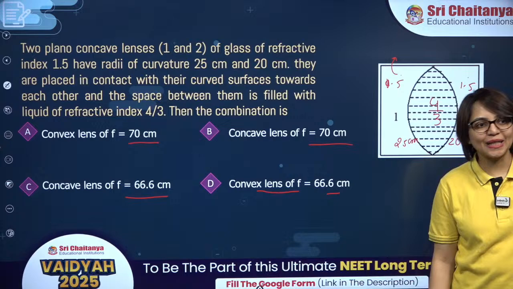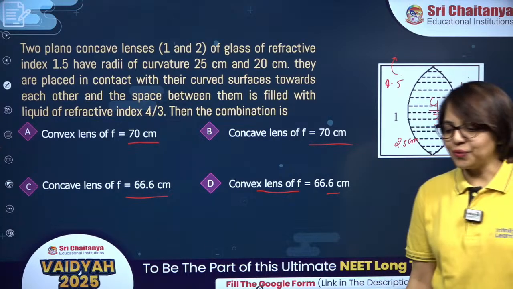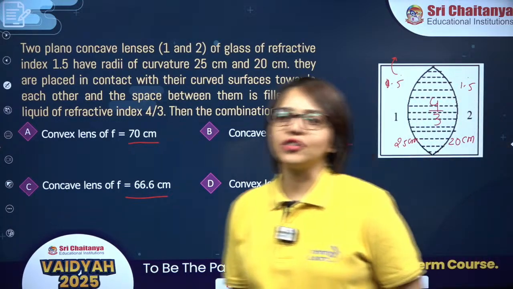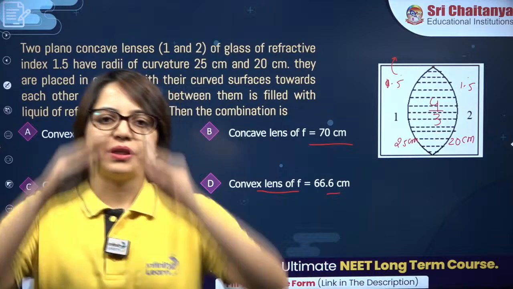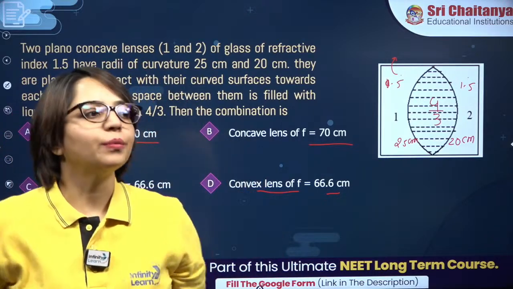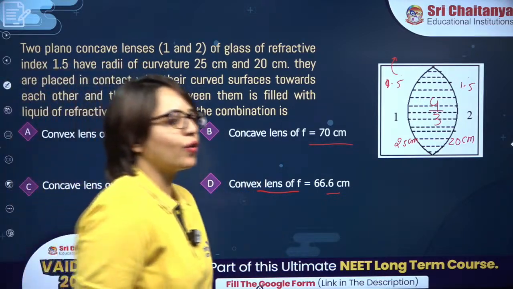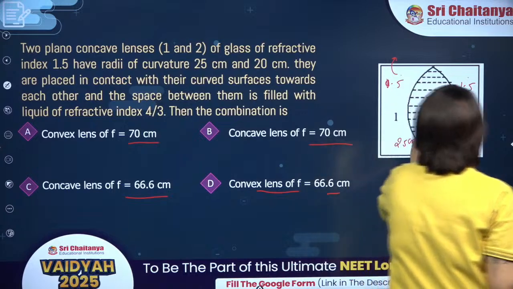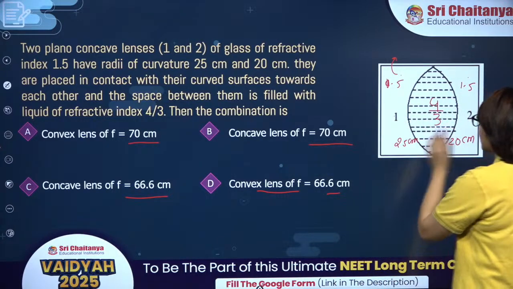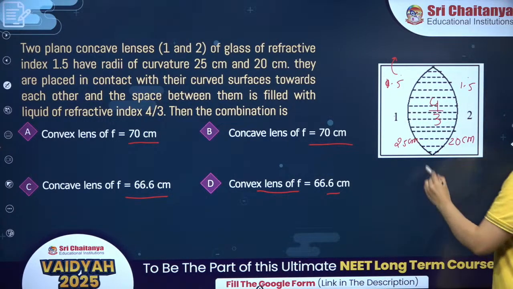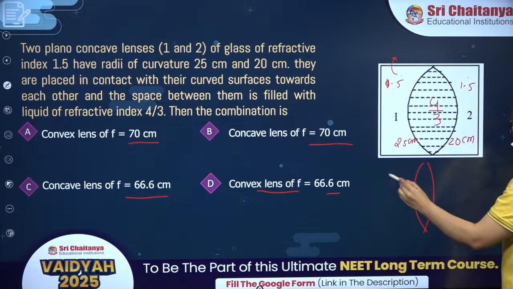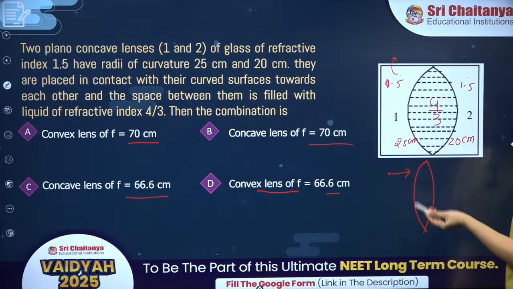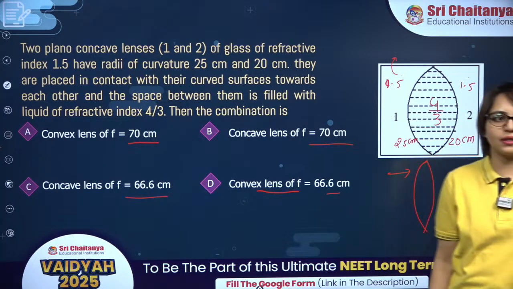See, lens can be deceiving. When you just look at the lens and we are changing the medium, but lens is like this, it doesn't mean that it will behave like a convex lens. Here different media are present, right? So this shape, you might feel ki ma'am this is like a convex lens, so it should behave like a convex lens.